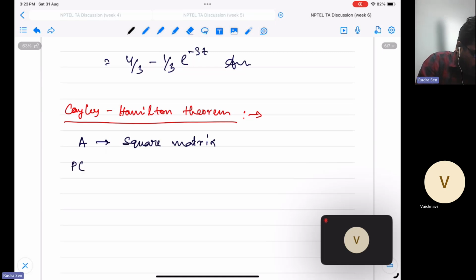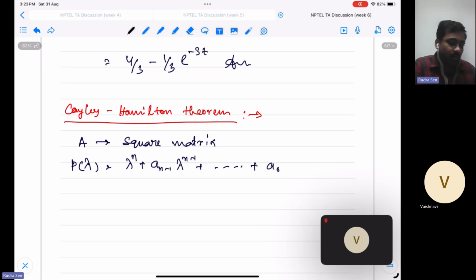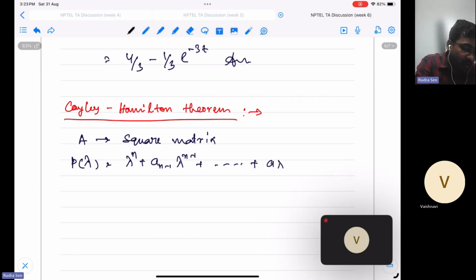So if A is a square matrix, its characteristic equation, let's say P, is lambda to the power n plus a n minus 1 lambda to the power n minus 1, plus up to a1 lambda plus a0. This equals 0.